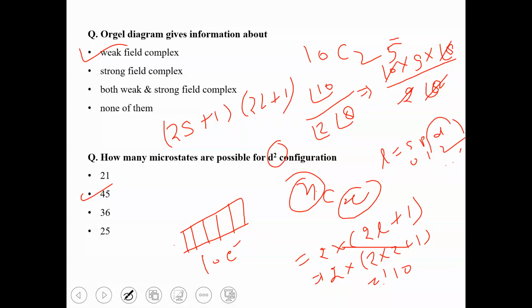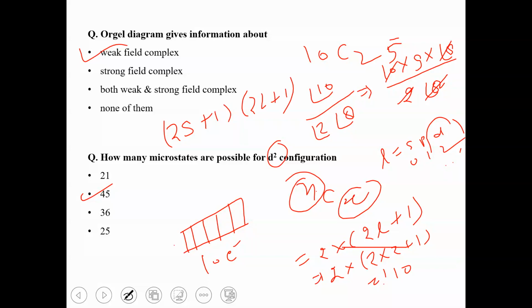Okay, I think I have discussed this type of question in the last session. In the last session there was a question related to metal to ligand charge transfer. I explained it in the right way, but I chose the incorrect answer, so you can correct it.